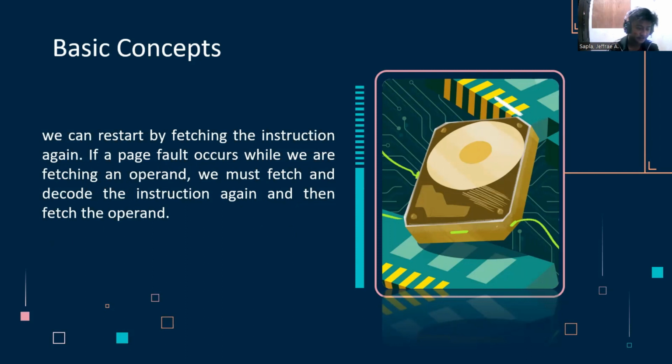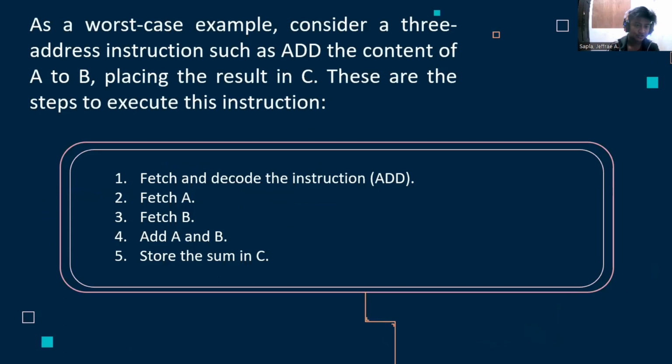If a page fault occurs while we are fetching an operand, we must fetch and decode the instruction again and then fetch the operand. As a worst case example, consider a three-address instruction such as ADD the content of A to B, placing the result in C. So these are the steps to execute this instruction.